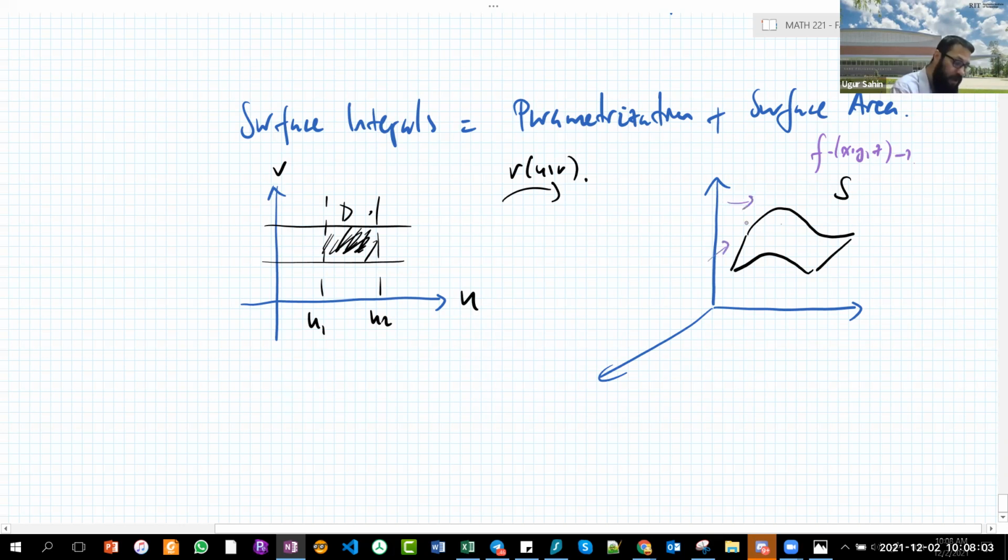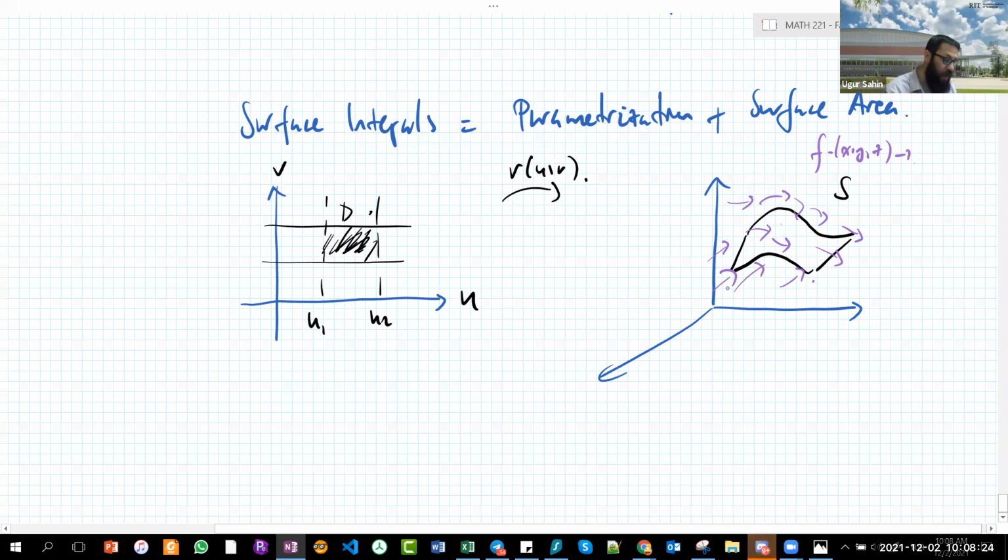That might be any vector field, and this surface can be exposed to this vector field. Like I said, this vector field could be electricity, heat, or any type of fluid.